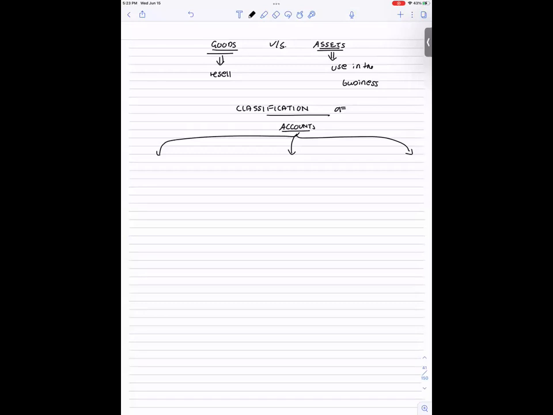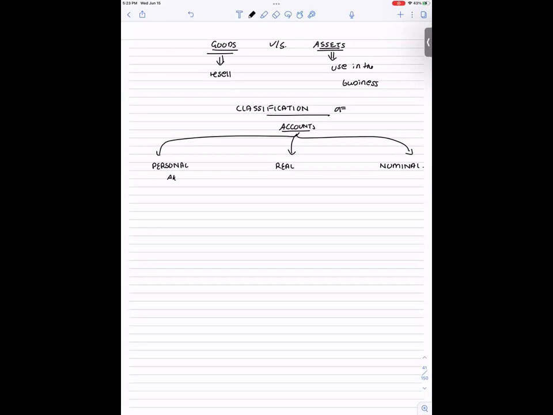What are the 3 types of accounts that we know of? Nominal account, real account, and personal account.